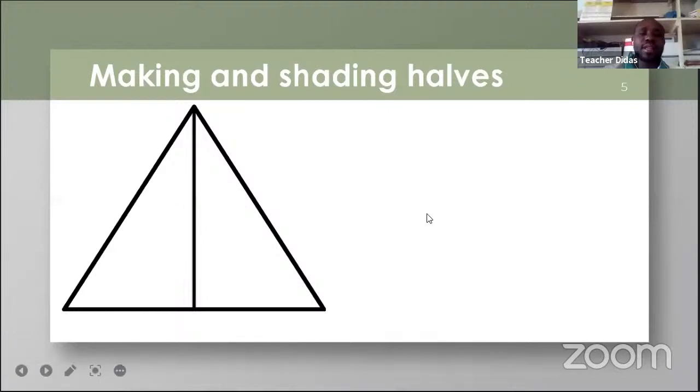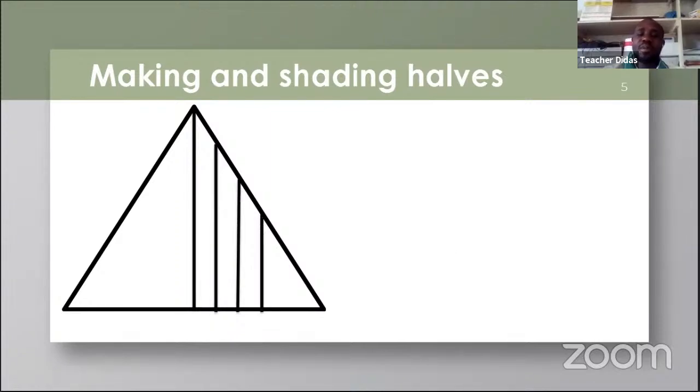But when I get 1 part and I shade that part, the one I've shaded is 1 out of 2. The one I've shaded is a half. That's its name. Altogether, I've shaded a half.